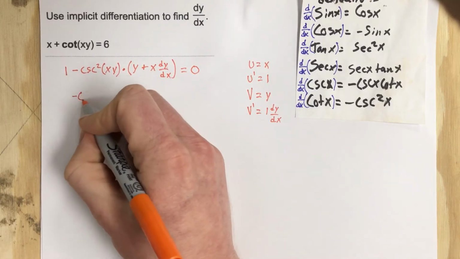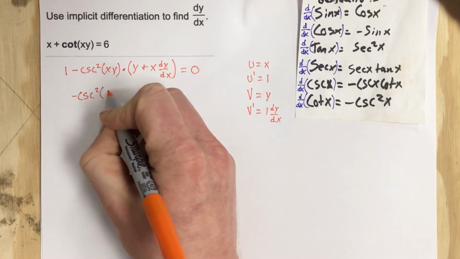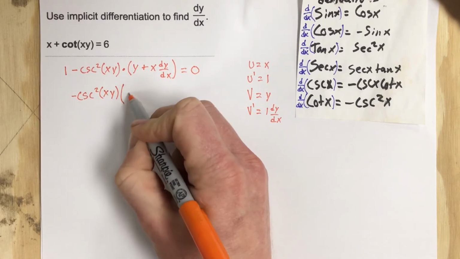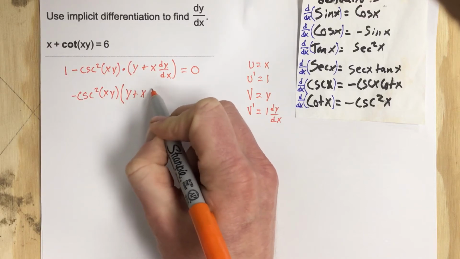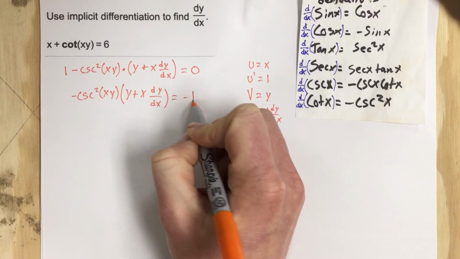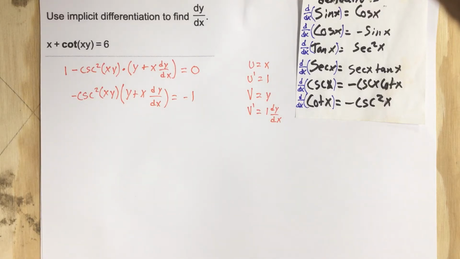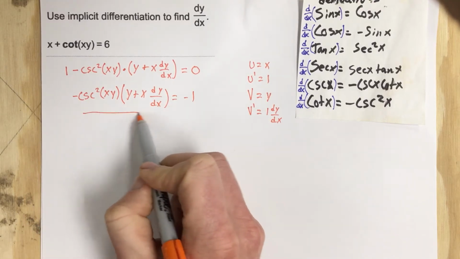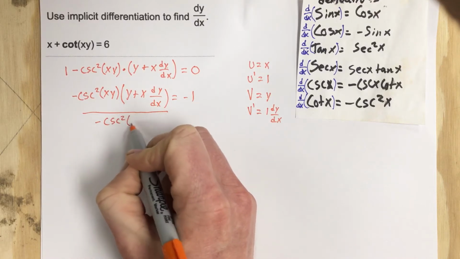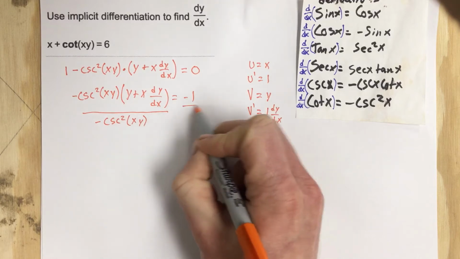We get negative cosecant squared xy times y plus x dy over dx equals negative 1. I'm going to go ahead and divide by negative cosecant squared xy on each side.